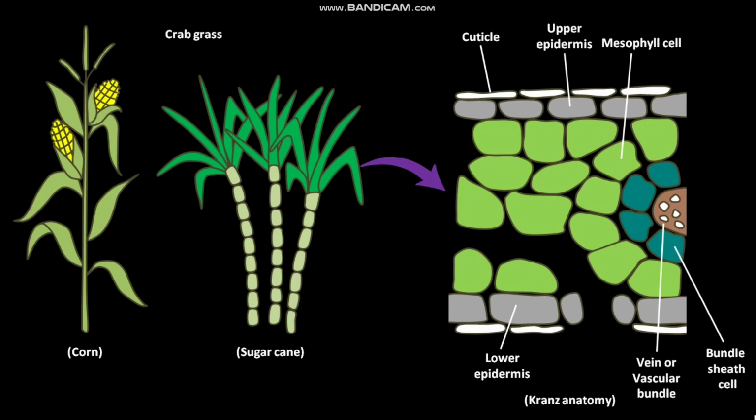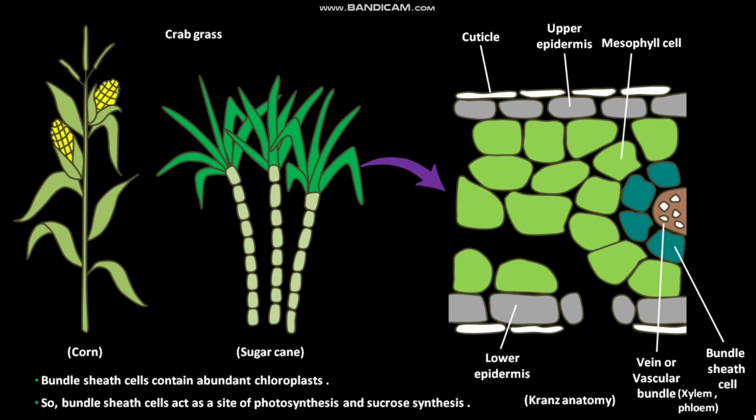The veins or vascular bundles contain xylem and phloem. Bundle sheath cells contain abundant chloroplasts. So, bundle sheath cells act as a site of photosynthesis and sucrose synthesis. Below the stomata, substomatal air spaces are present.